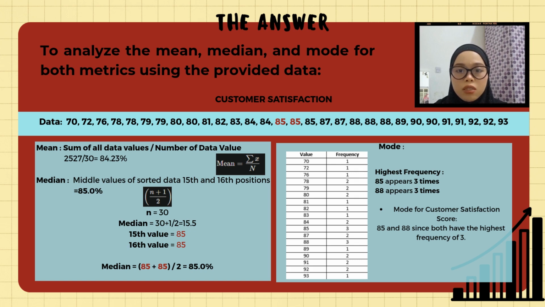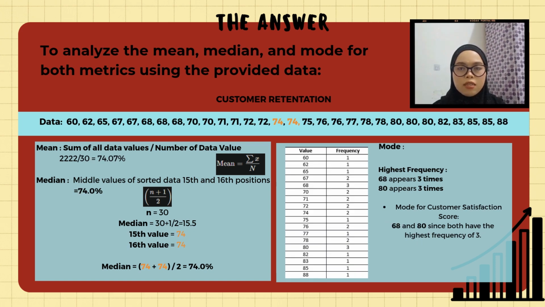To find the median, add these two values, 85 plus 85, and divide by 2, which gives 85%. For the mode, we look at the highest frequency. The numbers 85 and 88 appear 3 times each, so the mode for the customer satisfaction score is 85 and 88.